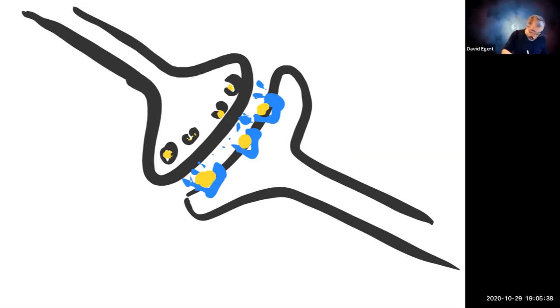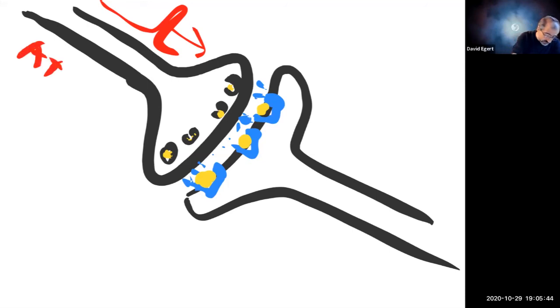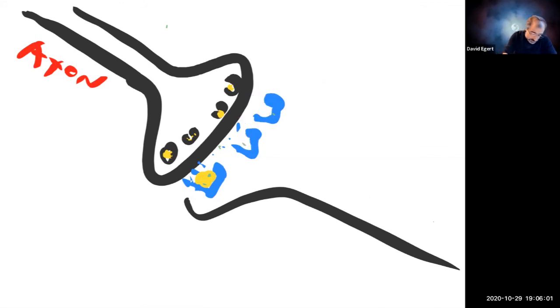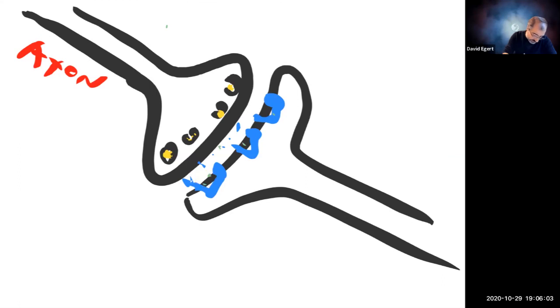How do we make sure? So the signal comes down the axon, neurotransmitter gets released, binds the receptor, but eventually there's no more signal coming down, and I don't want the signal to keep being here. I want to take the signal out and put it back to getting ready to wait for the next signal. How do I clear all of that neurotransmitter out of the synapse?